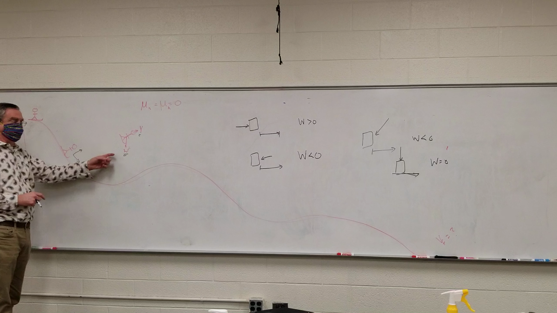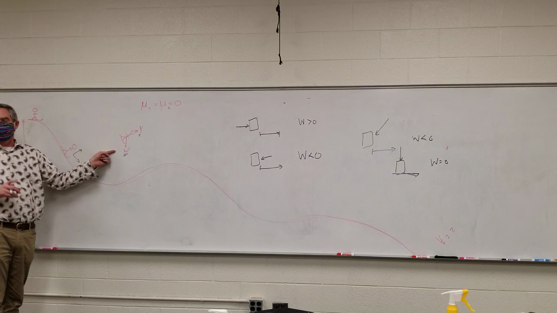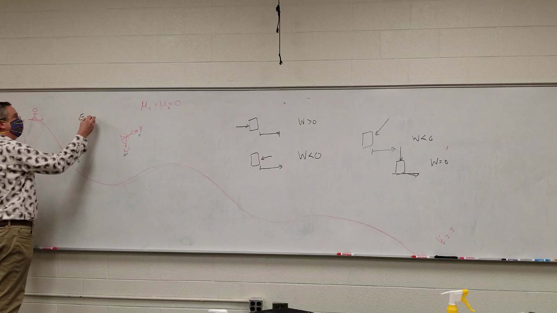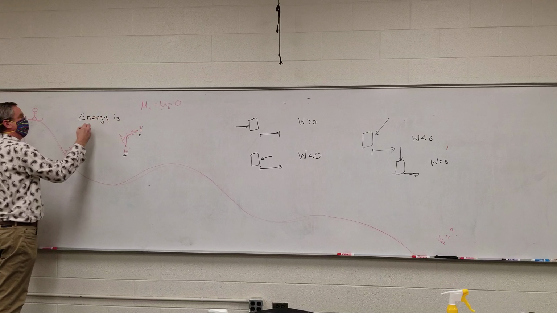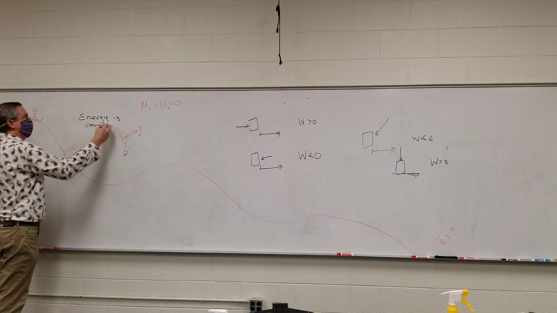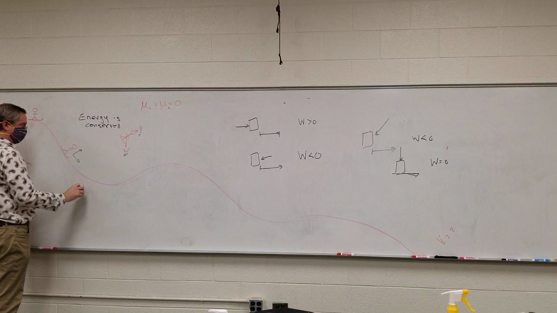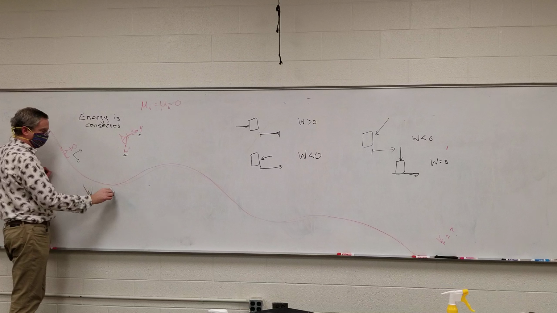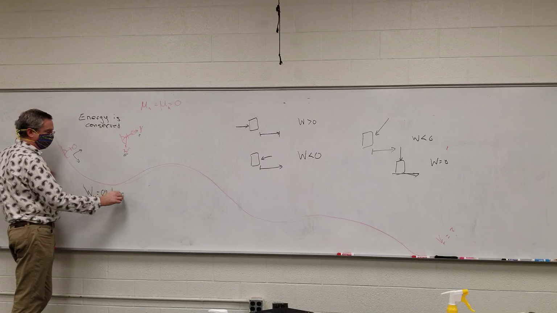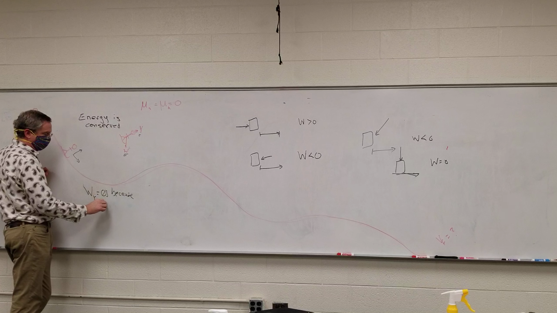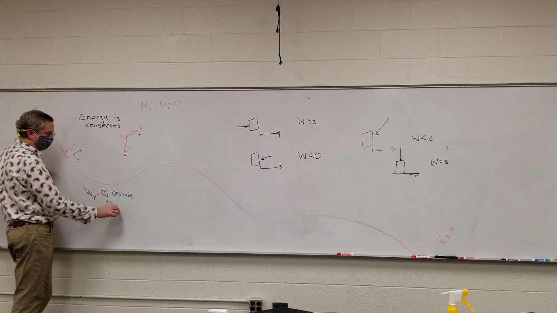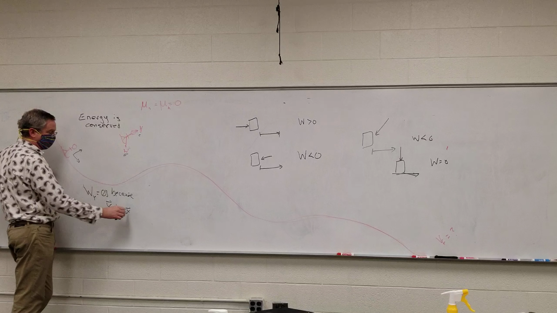Since there's only one force doing any work, and that force is conservative, energy is conserved. The work by the normal force is 0 joules, because the normal force is perpendicular to the displacement.